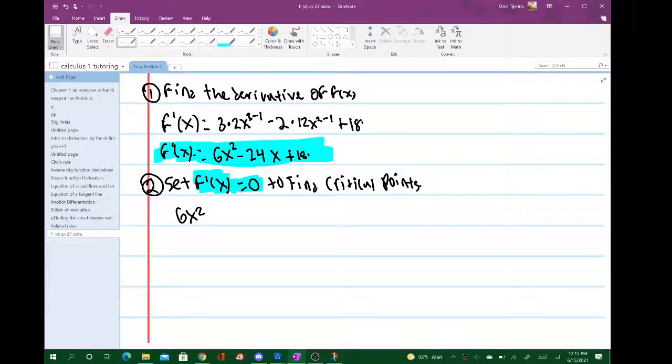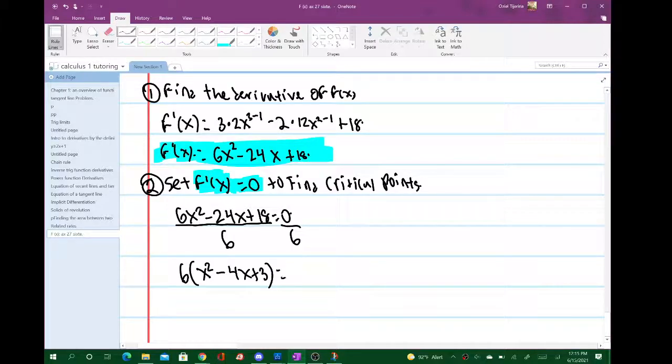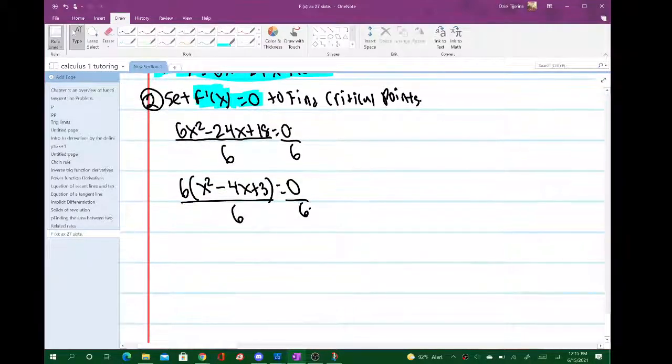So we have 6x squared minus 24x plus 18 equals 0. We can divide both sides by 6 because it factors out. This is 6 times x squared minus 4x plus 3 equals 0. If we divide both sides by 6, we get x squared minus 4x.